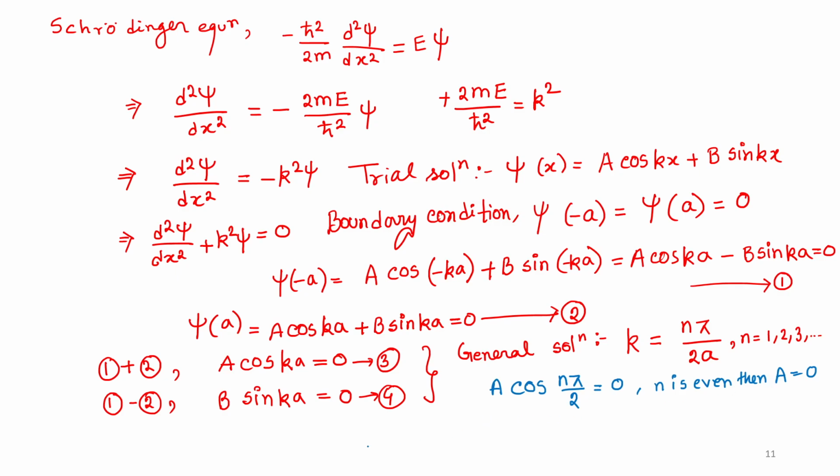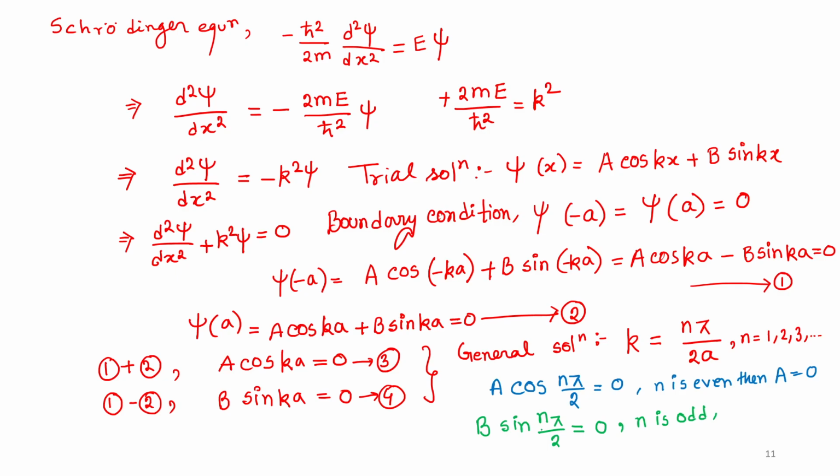Okay, now let me take another color. In case of B, it is B sine n pi by 2 is 0, if that is the solution. Now see, when n is odd, that is 1, 3, 5, then sine n pi by 2 is not 0. When will sine be 0?